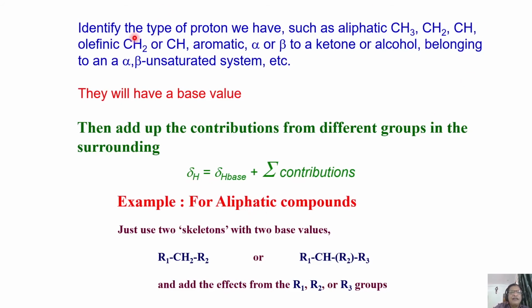If you want to identify the type of protons we have, like aliphatic, olefinic, aromatic, ketone, alcohol, many types could be there, Jim Schoolery said there is a base value of chemical shift for all of those. Take a base value. How do you get the base value? People have already worked it out, and we know what that base value is.